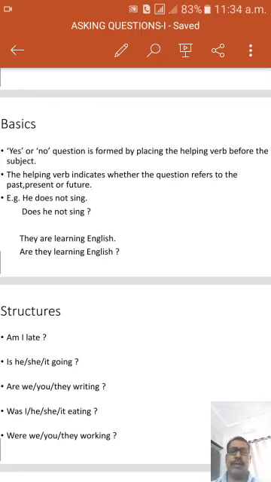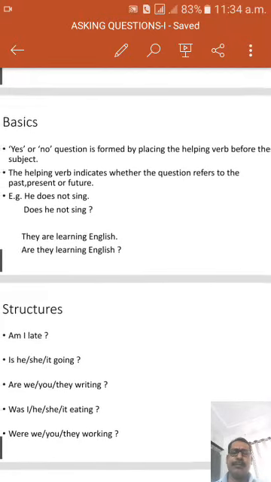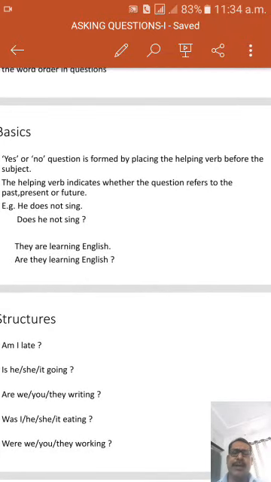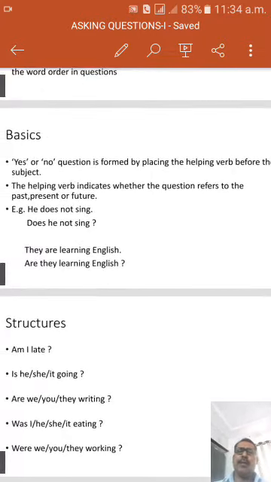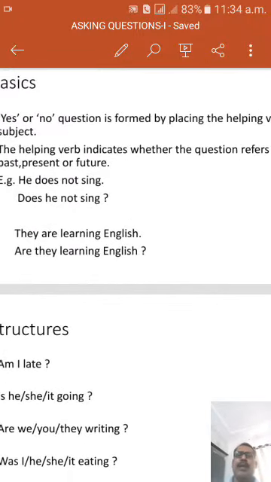If the question is beginning with was, were, did, or had, it is in past tense. If the question is beginning with will, it is in future tense. So, the auxiliary verb, the helping verb, indicates the tense of the question, present tense or past tense or future tense. For example, here one example is given.